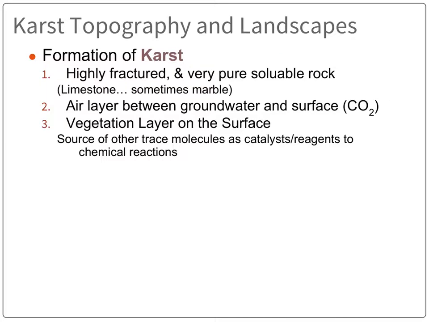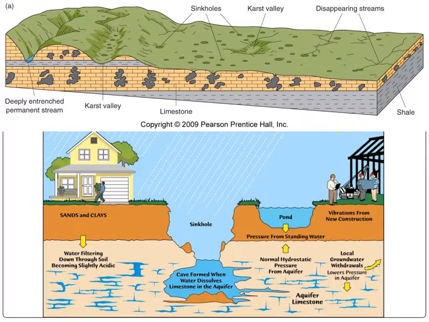Okay. So you have to have highly fractured soluble rock like limestone and have it exposed to this acidic water, and you get things like sinkholes and karst valleys and disappearing streams.